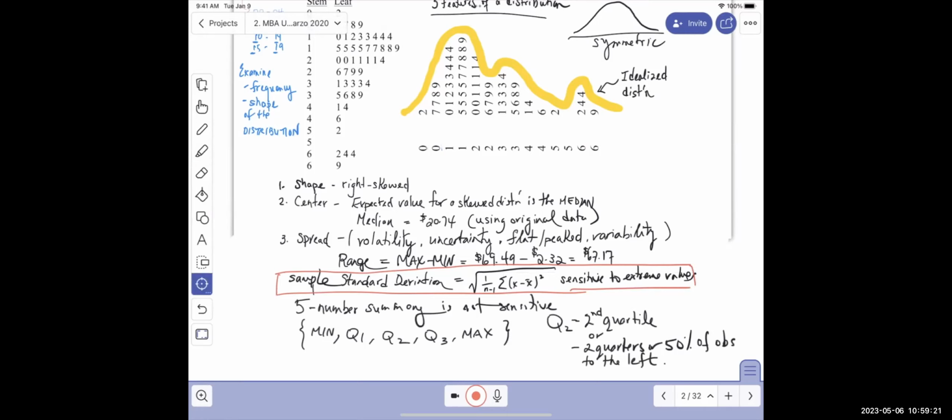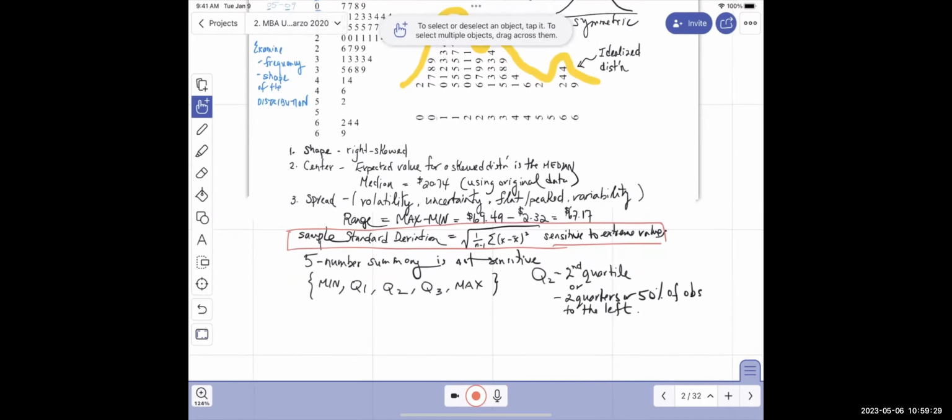Do we already know what that is? What is a position where 2 quarters or 50% of the observations are to the left? Does it sound familiar? Yes, this is the median. All right, so Q2 is the median. So we already have that. So we have this, this, and this. We just have to find Q1 and Q3.